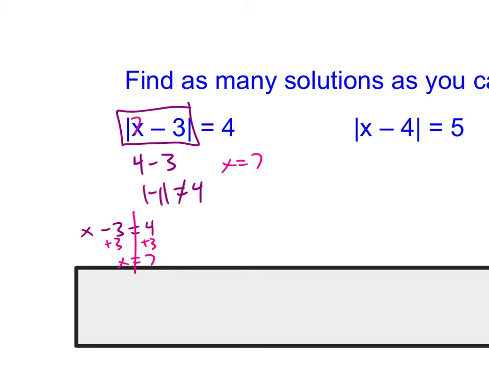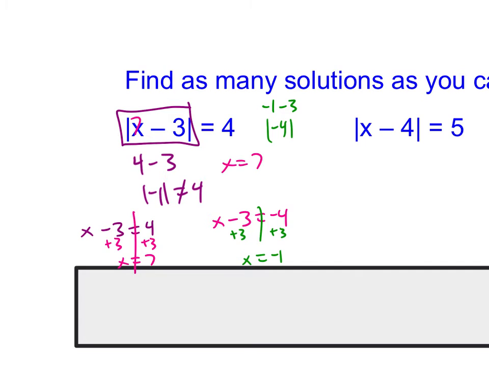But remember, when we looked inside of these, we also saw that there was this negative value that it could be equal to. So we also need to find a second equation where x minus 3 is equal to negative 4. So when I look inside, I see this secondary option here of x being equal to negative 1. Now let's think about that. Negative 1 take away 3 would be negative 4.